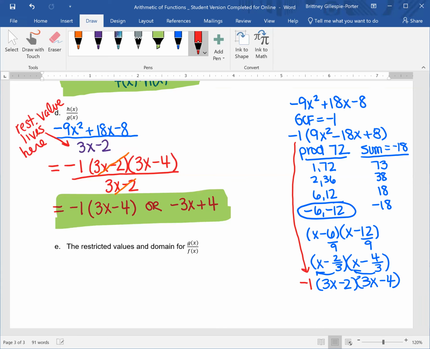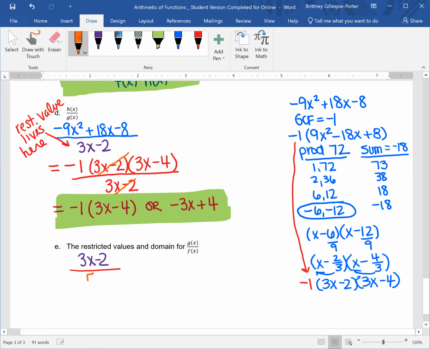Part E, we want the restricted values and domains for g of x over f of x. G of x was my purple function, 3x minus 2. And f of x was my orange function that we didn't use very much, which was 5x.